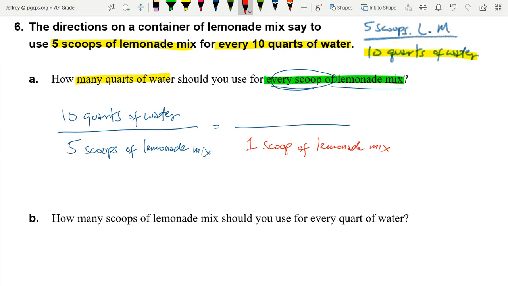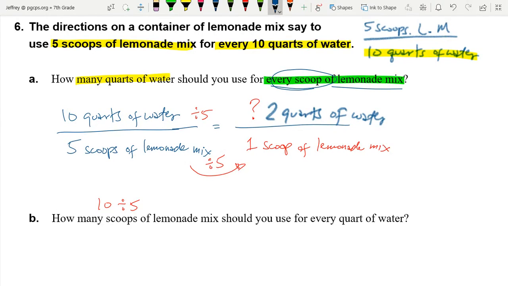Now, so 5 scoops of lemonade mix becomes 1 scoop of lemonade mix because we're looking for the number of quarts of water for 1 scoop of lemonade mix. So we're dividing by what? By 5. So we're just doing 10 divided by 5, and that gives us 2 quarts of water per scoop of lemonade mix.